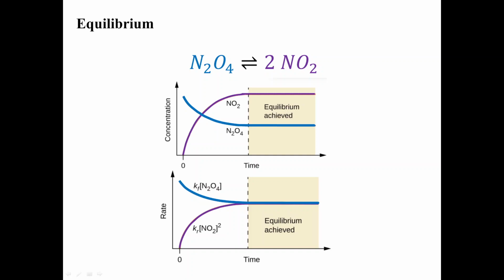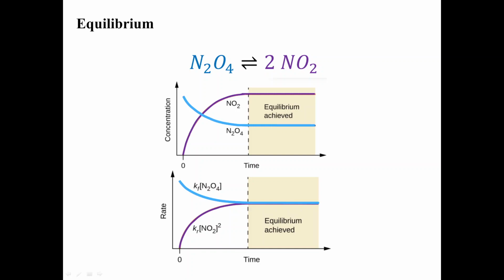So the rate at which N2O4 turns into NO2 is going to slowly be decreasing as the concentration of N2O4 is also decreasing.